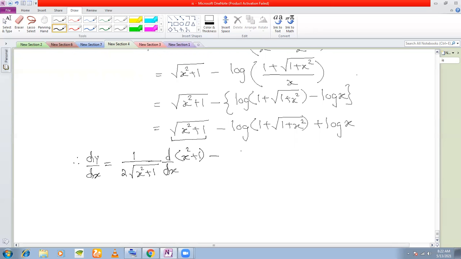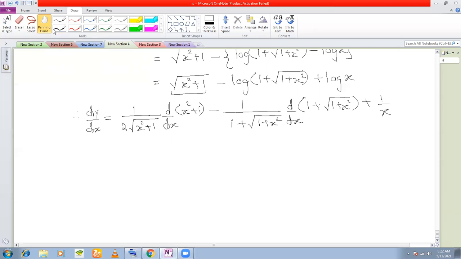Now when you differentiate log, you'll differentiate the log first, and then you'll differentiate what is inside the log. And similarly here, you differentiate log x to get 1 by x. And the next step, you carry out further differentiation. d by dx of x square, you know, is 2x, right?